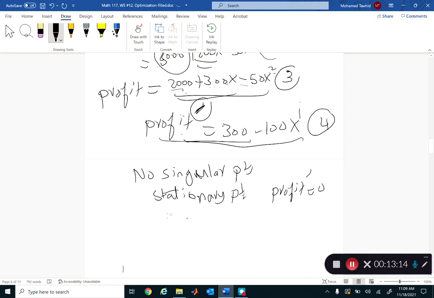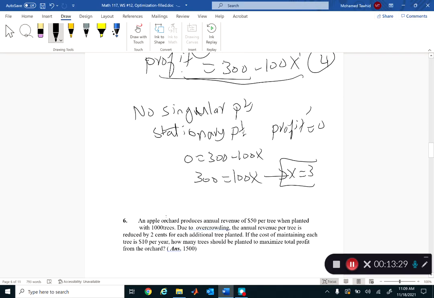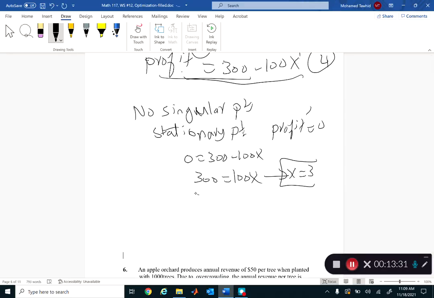You get 0 equals 300 minus 100x. If I solve this, you get 300 equals 100x. So x equals 3. Is 3 inside the domain? Yes, 3 is inside the domain. Your domain here is 0 to 10, the same as before.